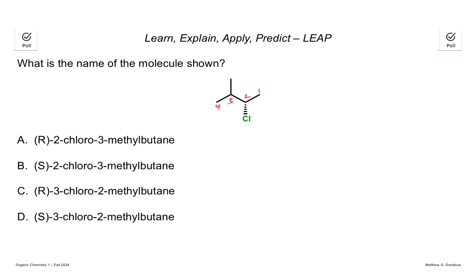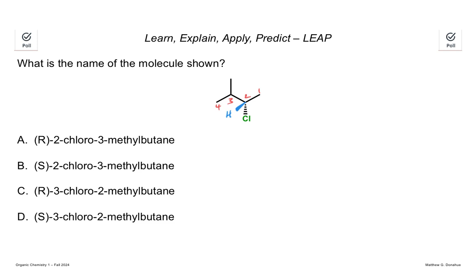So here's one of those enantiomers. And so really what we're asking is as it's drawn, is that carbon 2, is it R or S in terms of the CIP nomenclature? And the hydrogen's coming out towards you.